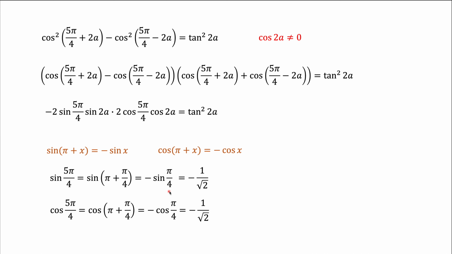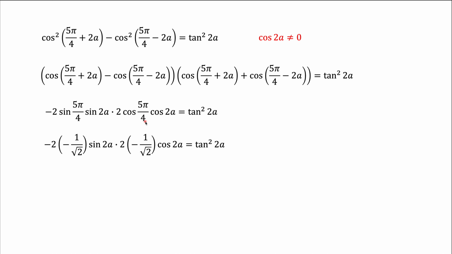In a similar way, we get that cosine of 5 pi over 4 is also minus 1 over square root of 2. Now we're going to substitute minus 1 over square root of 2 for sine and cosine of 5 pi over 4. This is what we're going to get. Now we see there's a minus here, which gives me plus.